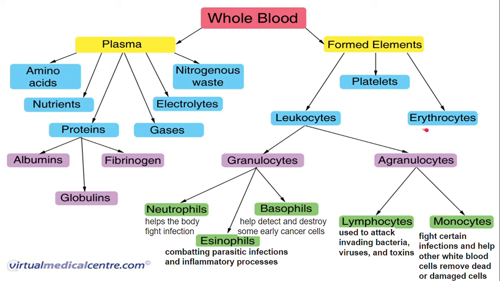Erythrocytes, or RBCs, carry oxygenated blood. They have hemoglobin that forms a compound named oxyhemoglobin when it combines with oxygen, and in that way it carries oxygen. RBCs are devoid of a nucleus, that means they don't have any nucleus. So this is all about RBCs.